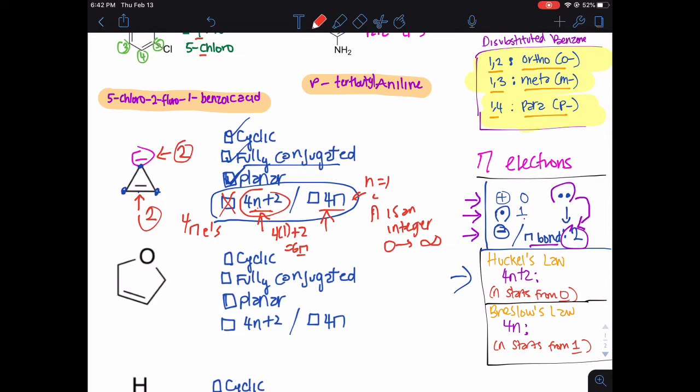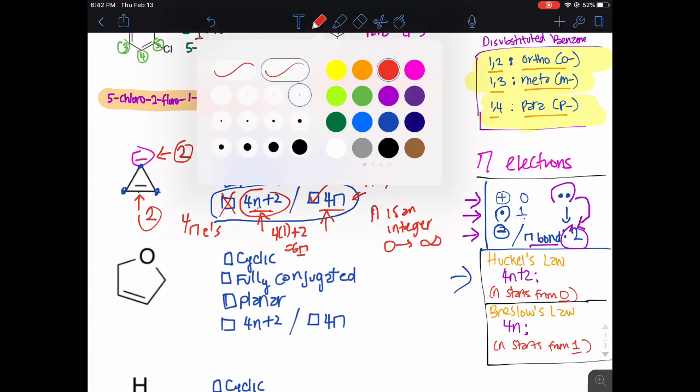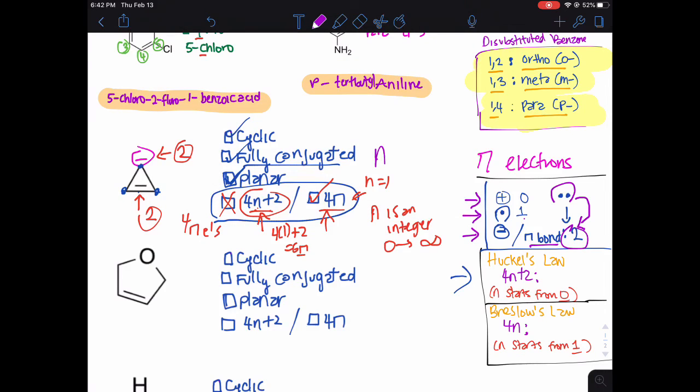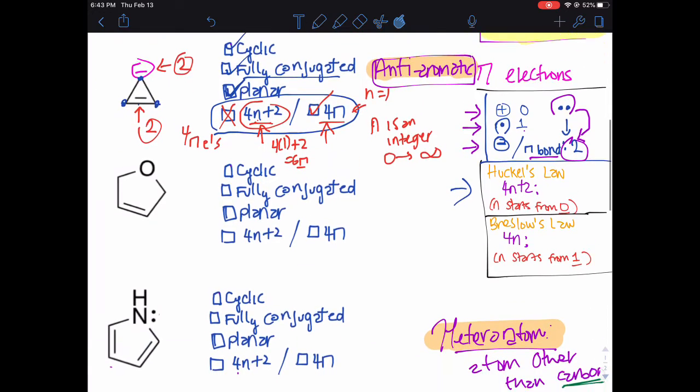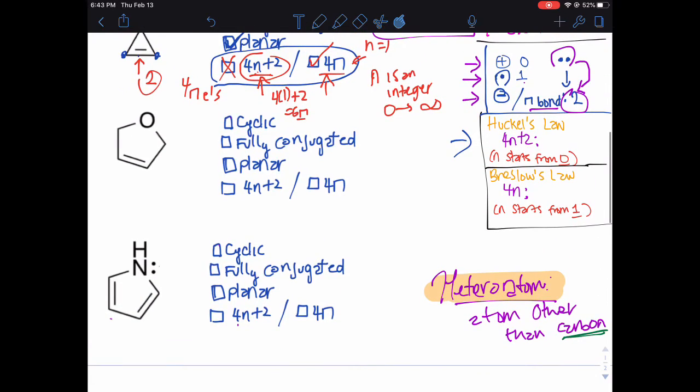So because of this, it does follow Breslow's law, and it's going to be anti-aromatic. It's anti-aromatic. So let's look at the next structure.